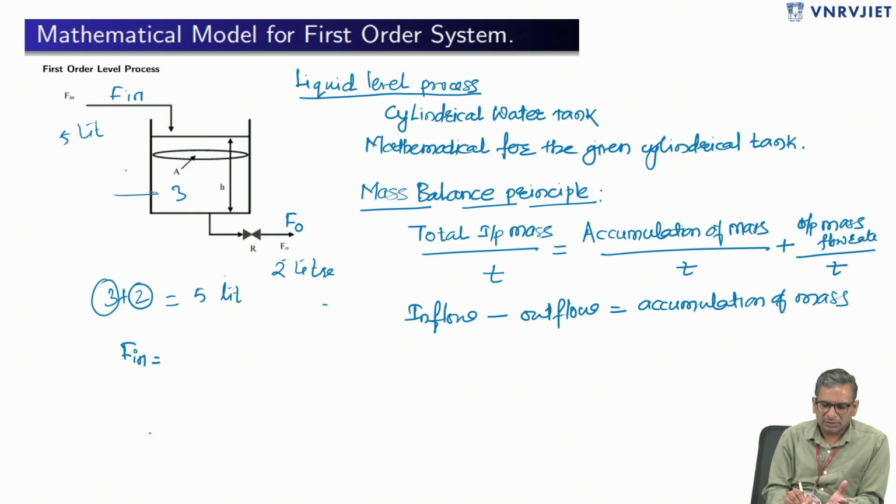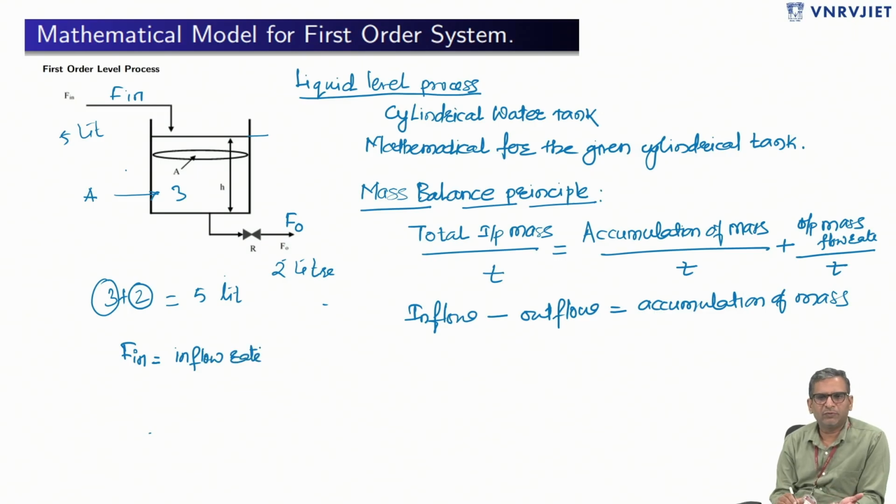Consider the area of the tank is A. Let's say the water is stored in the tank up to height h. So I will rewrite the parameters. F in is the inflow rate. We can consider it a volumetric flow rate also, so it may be in cubic meter per second.